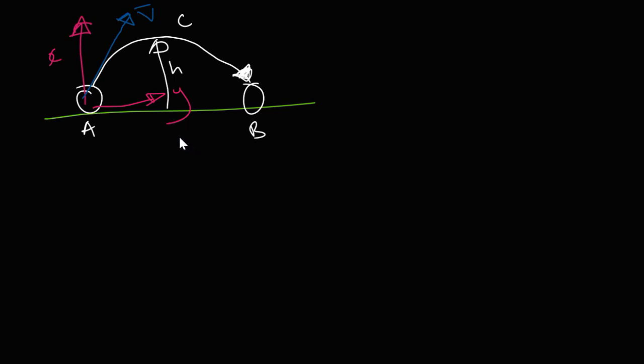To get the height, we can employ one of the kinematic formulas that we already know: velocity final equals v initial plus acceleration times time.